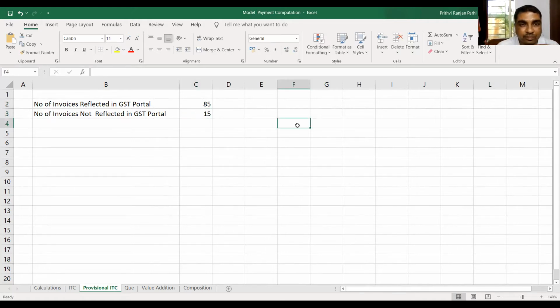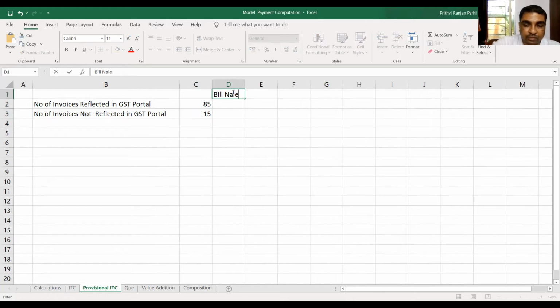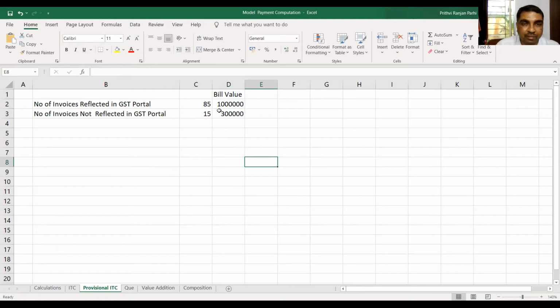Now, if I take, let us say, bill value, assume 10 lakh. Okay. So let us say it is having 3 lakh. Are you getting me?